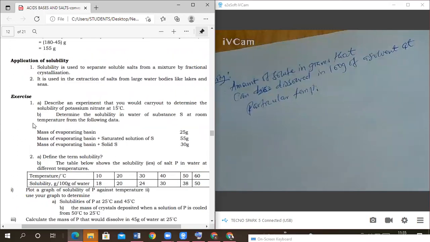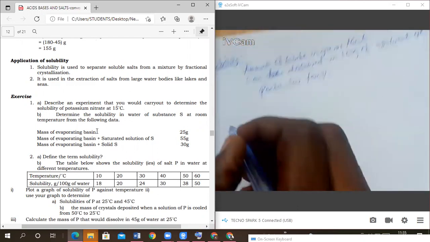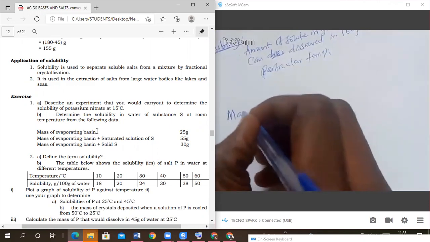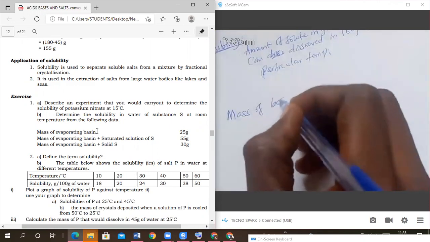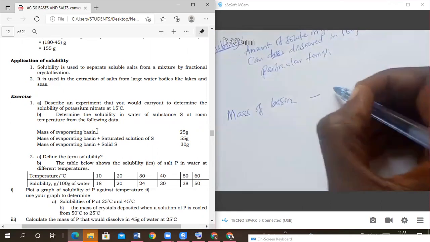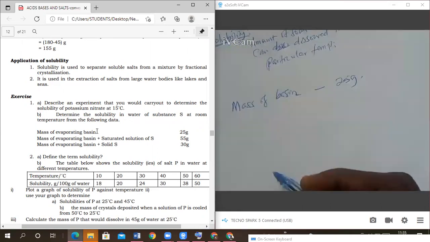The question is here. They are saying, determine the solubility in water of substance S at room temperature from the following data. This is the mass of the evaporating basin. They have given us the mass of the basin as 25 grams.